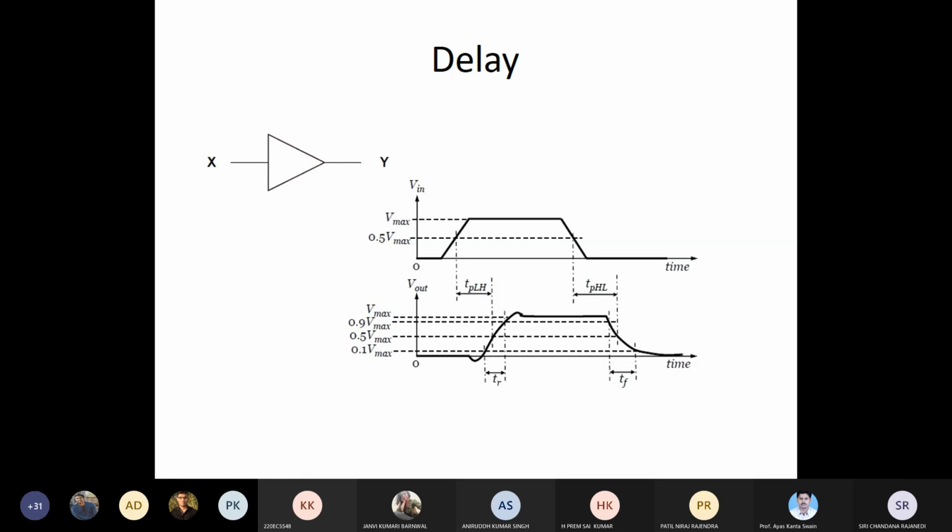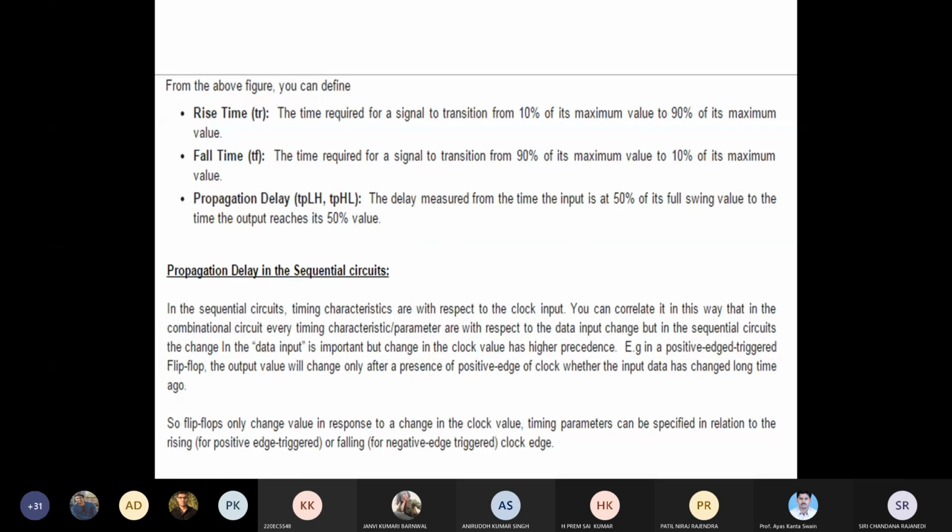Understood? This is the same concept, but what we want to see is what we mean by propagation delay in a sequential circuit. When it is a combinational design, propagation delay is the delay in transferring from input to output.